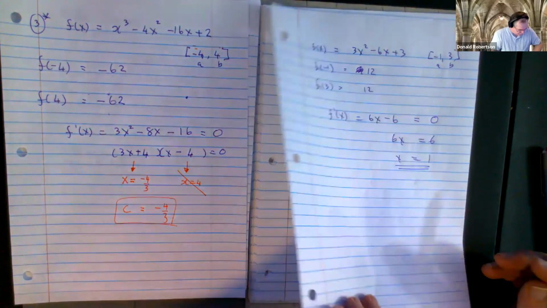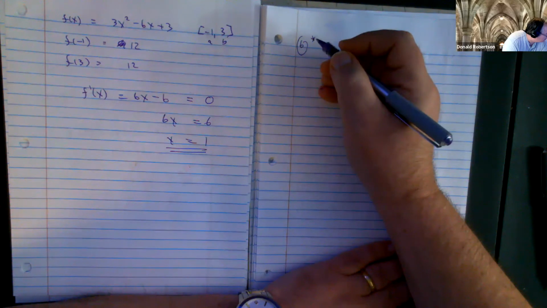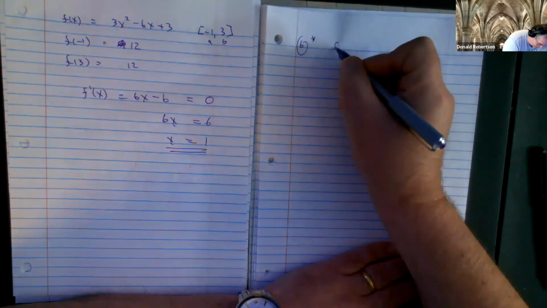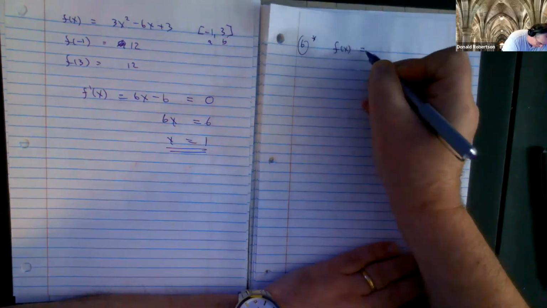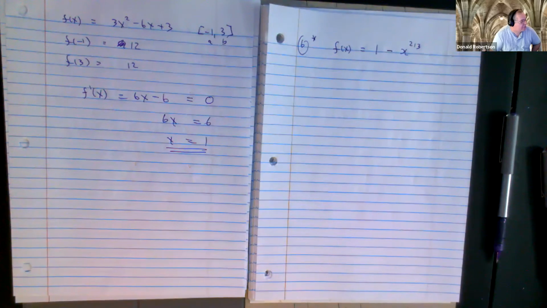Now I'm going to show you one where Rolle's theorem might have a problem. This is question 6. The function f of x is 1 take away x to the 2/3. And I should have Desmos all set up.